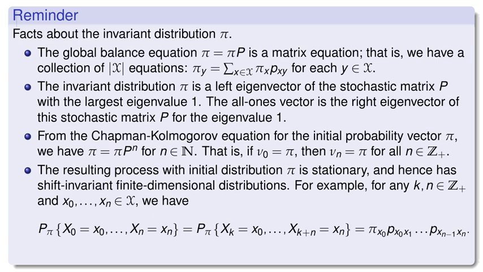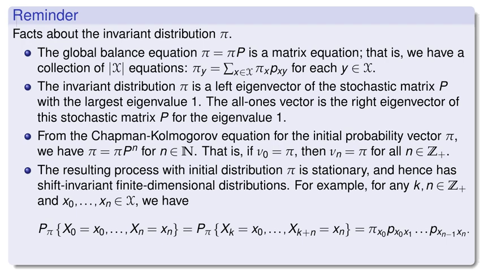For instance, for any non-negative integers k and n, and any sequence of states x0, x1, all the way to xn in script X, the probability under P sub Pi of X0 equals x0 through Xn equals xn is the same as the probability P sub Pi of Xk equals x0 through X(k+n) equals xn.